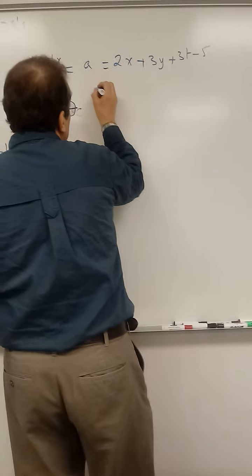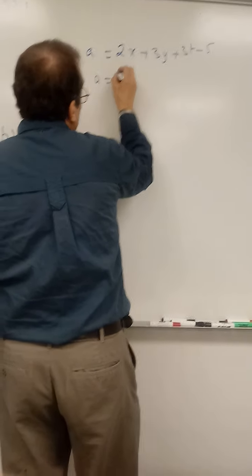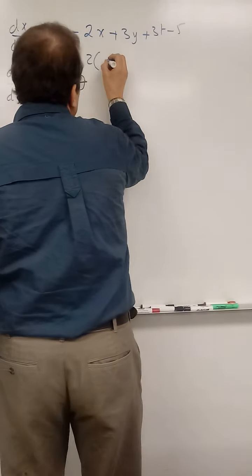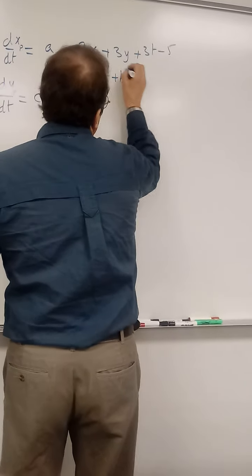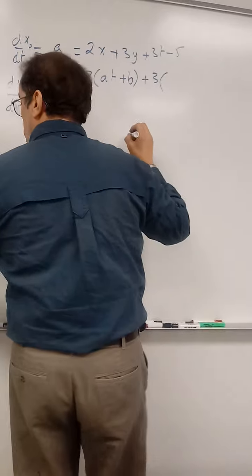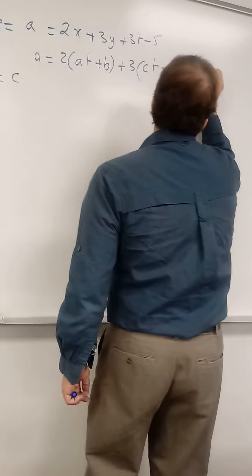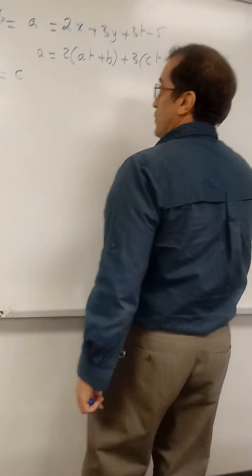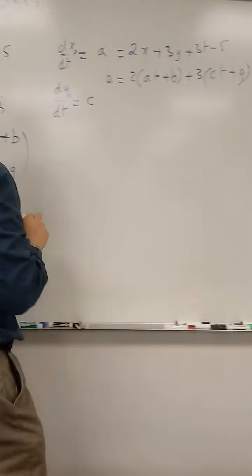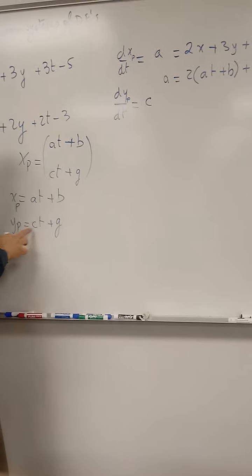So a equals 2 times x. X is at plus b, plus 3 times y. Y is ct plus g, plus 3t minus 5. The second equation is dy dt, which is equal to c.